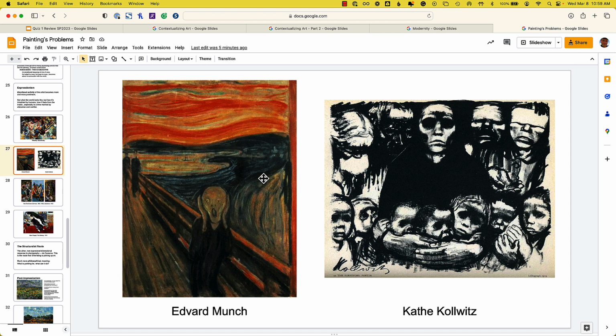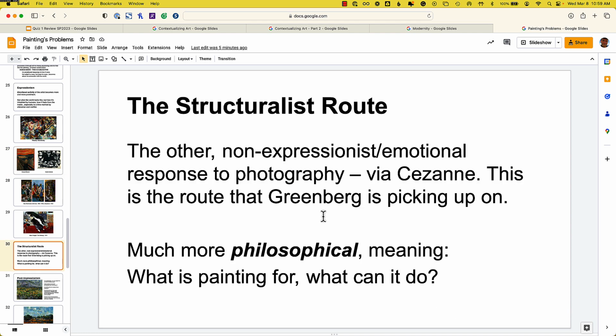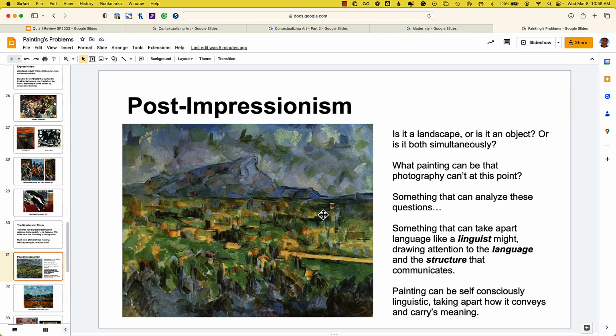And then the other being the structuralist route. And the structuralist route being Cezanne for us is the artist that we use, but this being much more of a linguistic or a drawing attention to language and structure that painting communicates. So that gets us into what painting can be: self-consciously linguistic, taking apart how it conveys and carries meaning.